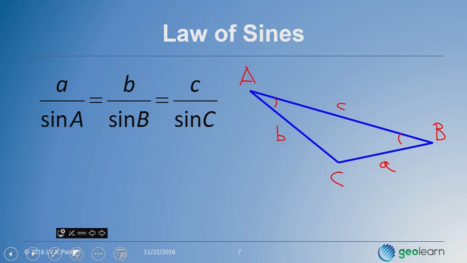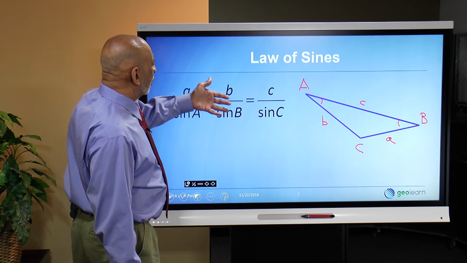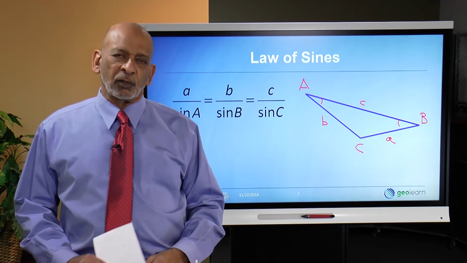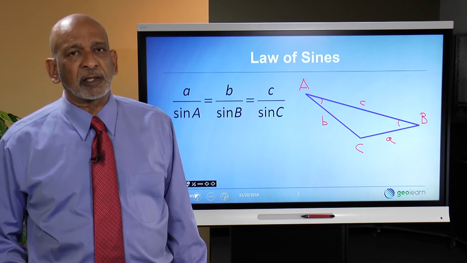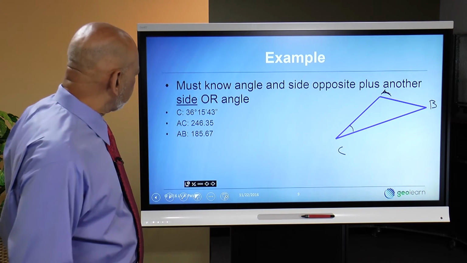It's a over sine A and so forth. By the way, if you forget and you do sine of A over a and sine of B over b and sine of C over c, that's okay, because it turns out that those are just reciprocal fractions and the relationship still holds.